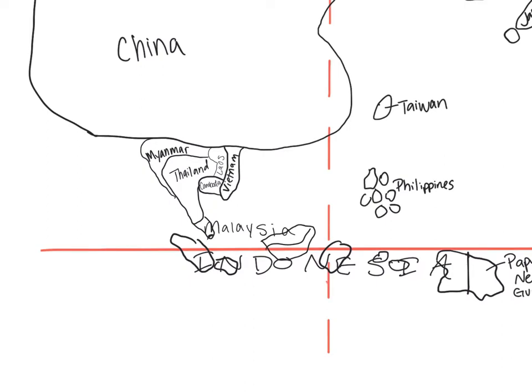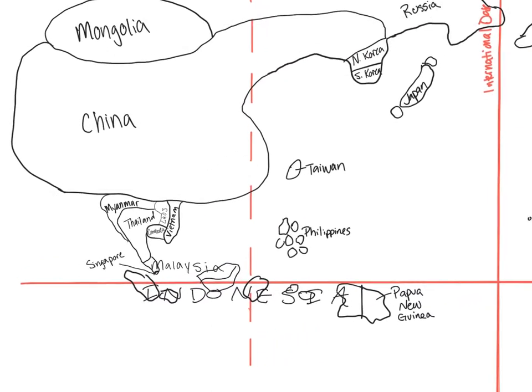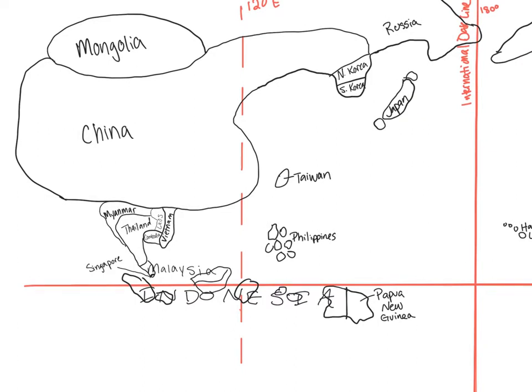I'm going to draw an arrow to it so you can see it, but this is Singapore. It's a very wealthy country. Okay, so it's on the very southern part of Malaysia. All right, and that right there makes Southeast Asia.